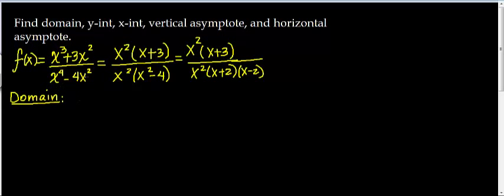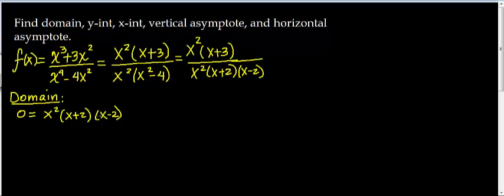So for domain, what we do is we take our denominator and we set it equal to 0. Now when I do that here, I'm going to have to factor this so then I can find the zeros. I already did that work. Here it is. So I set my denominator equal to 0: x squared times x plus 2 times x minus 2.